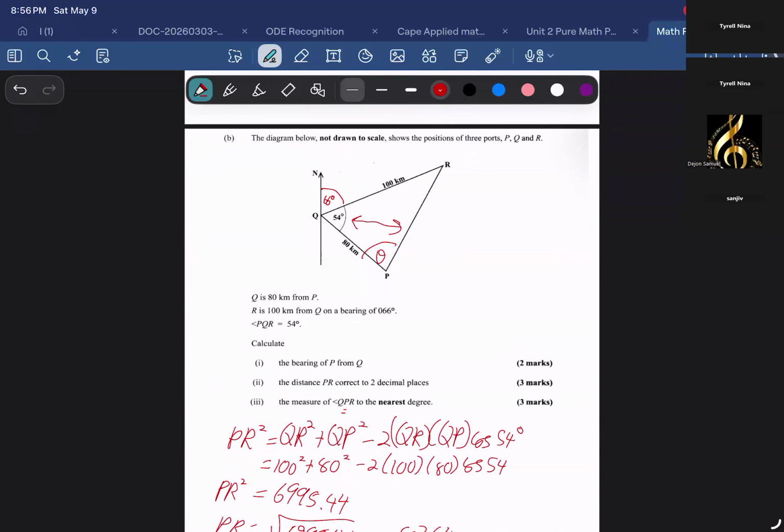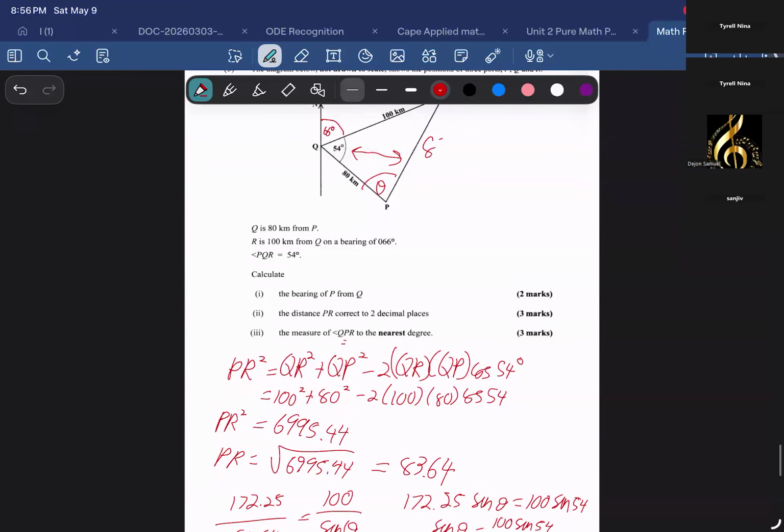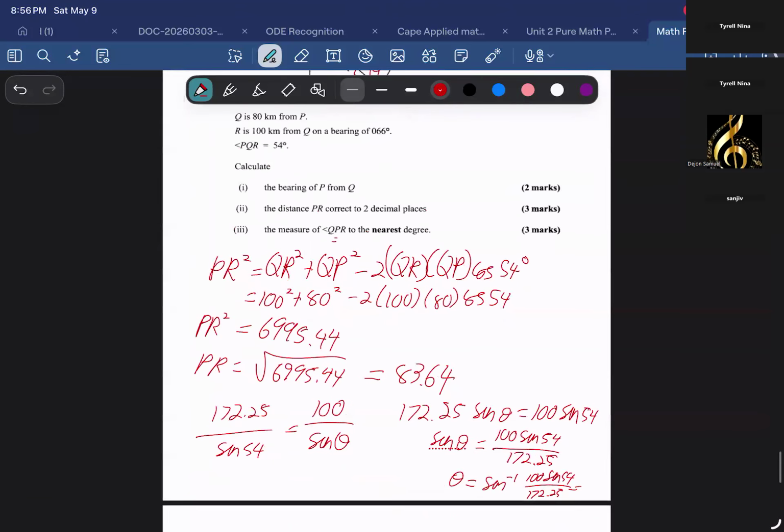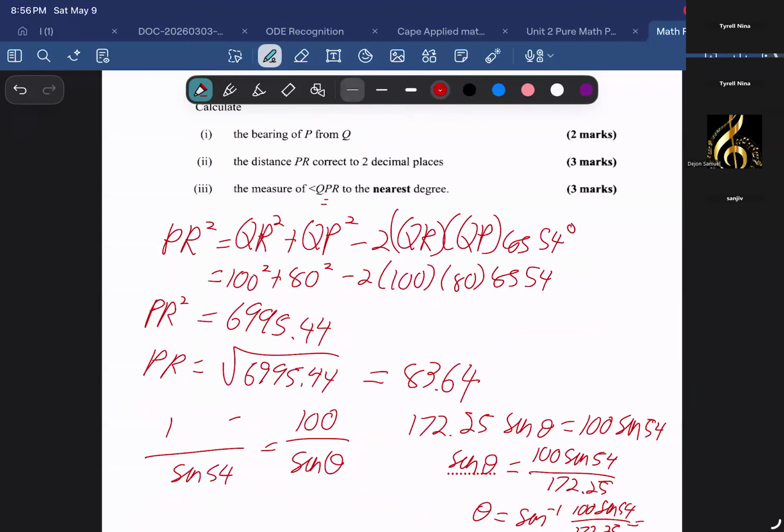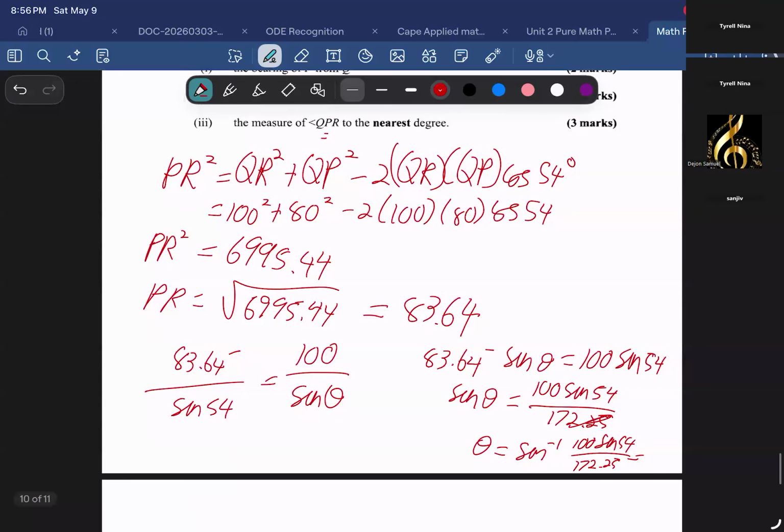So 83.64, which is 100 sine 54 over 83.64.